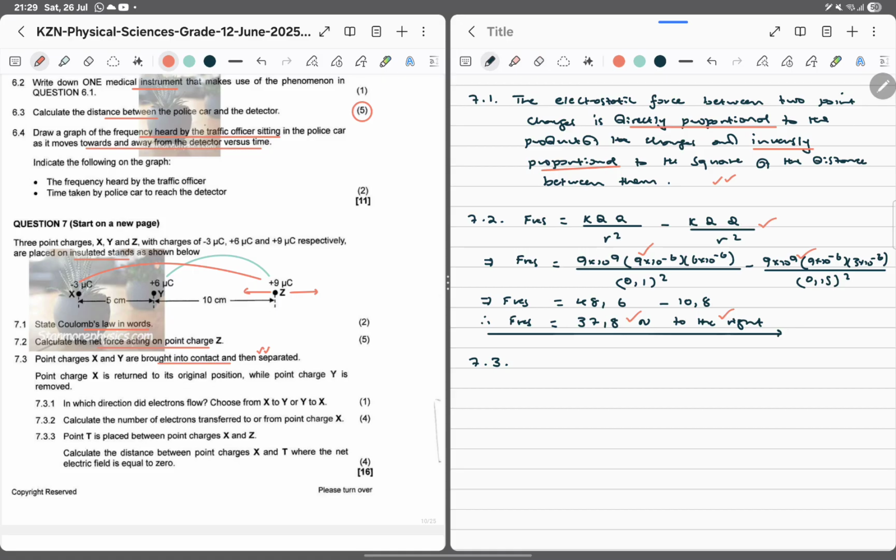This is Z and Y. Right, so this is Z and X. Okay, so X and Y are brought into contact and then separated. Now we're told here point charge X is returned to its original position while point Y is removed.